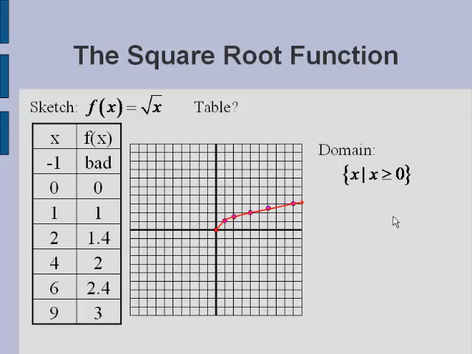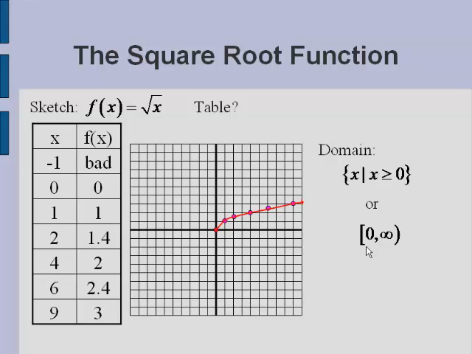Basically, we can't put negative numbers into this function. Of course, we've learned that another way to write this is bracket 0, comma, infinity. Either one is acceptable. If I ask you to determine the domain of a function and you write it in set builder notation or intervals, I will accept it.